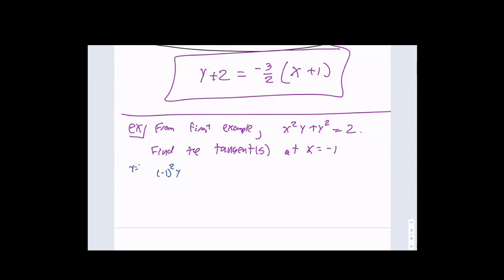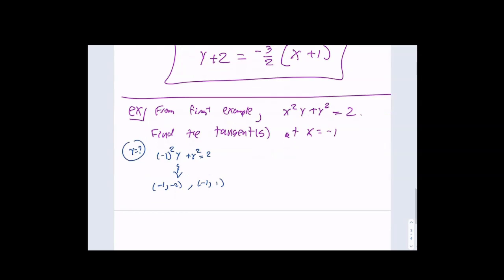So we would have done -1 squared y, so we need to figure out what is the y value, plus y squared equals 2. We did the work and we found that we got -1 comma -2, and we got -1 comma 1. So we did this work. Okay?